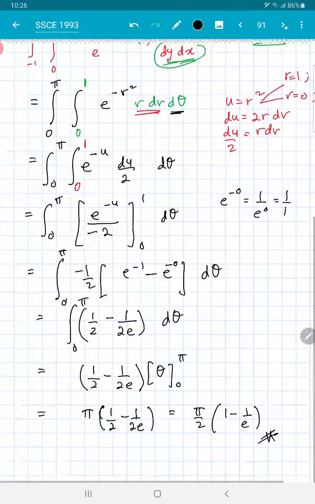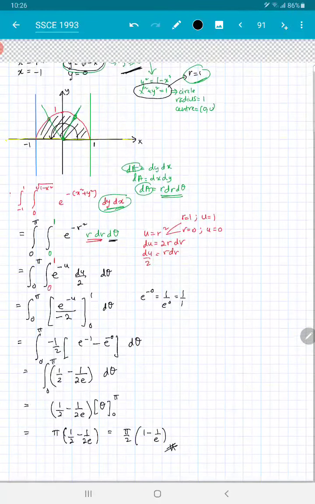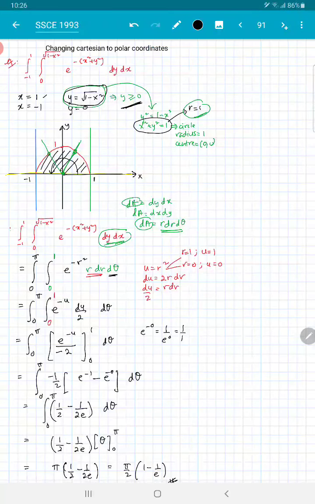That is how to change from Cartesian to polar. First, you get the limits for x and y, and then sketch your 4 equations. From there you can get your region. Then from the region you can see that your region usually is part of a circle, or the whole circle, or part of a cardioid, so it's easier to evaluate by changing to polar.